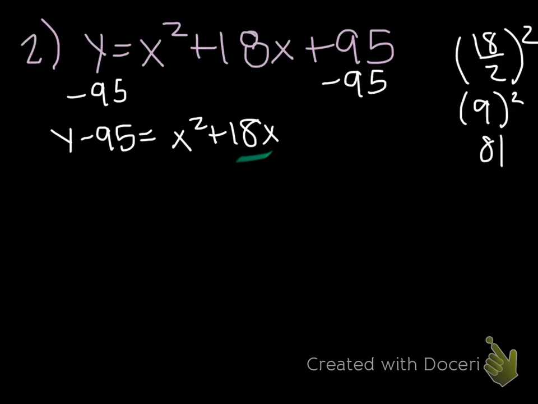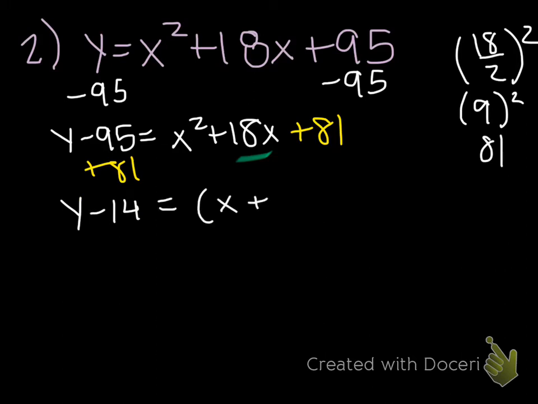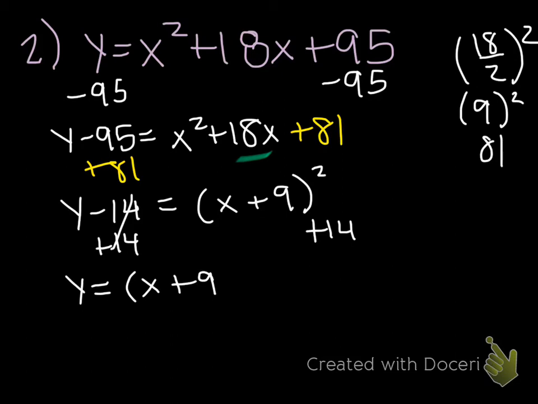So 81 is that magic number that I'm adding to both sides. On the left side, I get y minus 14. On the right side, this will factor to be the quantity of x plus 9 squared. And to get y by itself, I'm going to now take that 14 and add it back over so that I have converted this equation to vertex form.